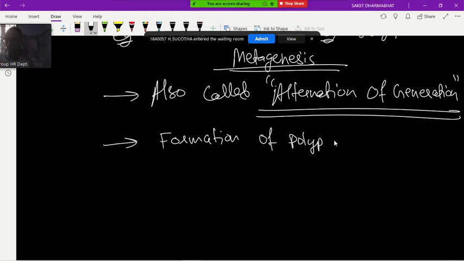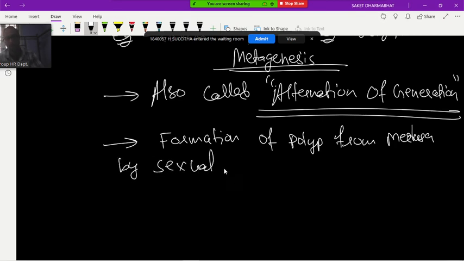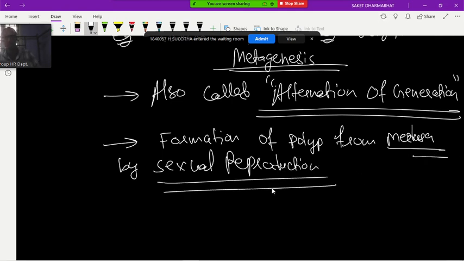Formation of polyp from medusa. Medusa will do what reproduction? Sexual reproduction. And form what? Polyp.